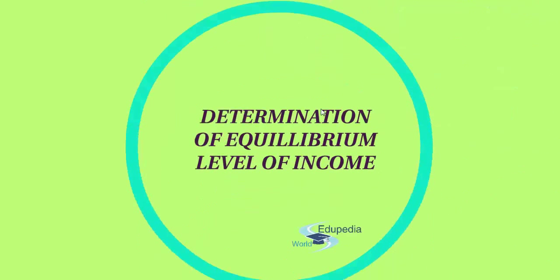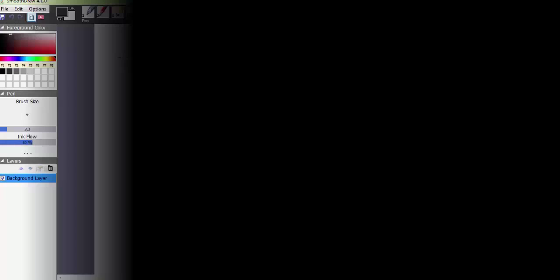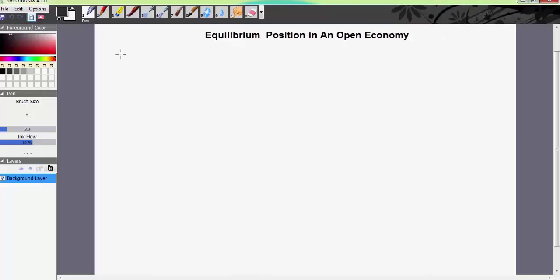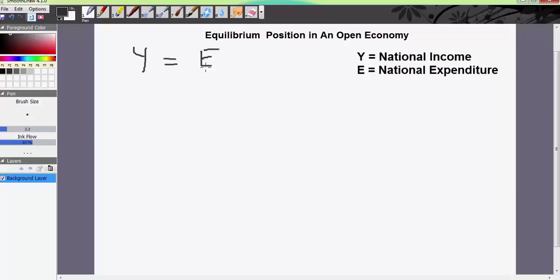Now finally we'll move forward to determine the equilibrium level of income. We'll see how we determine the level of national income under the four sector model. See, in an open economy, the equilibrium position will be when its national income, denoted by Y, is equal to its national expenditure, denoted by E. Now we can show this in the following equation for the equilibrium level of income.